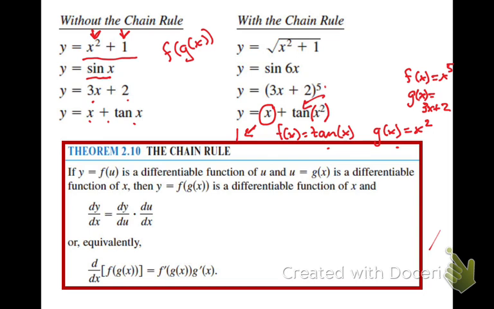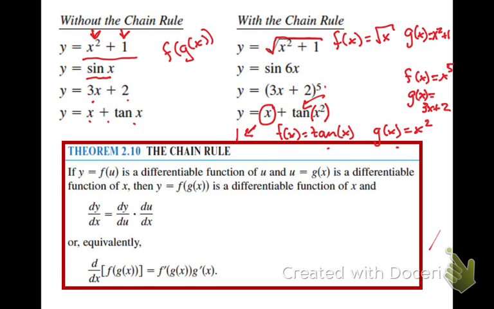So on the very first one, what's the outside function? The square root. So f of x would be the square root of x, and g of x would be the x squared plus 1. Do you see the function in the function?